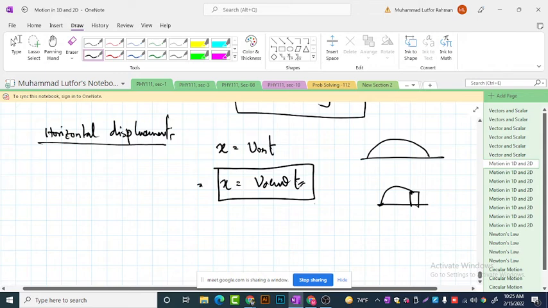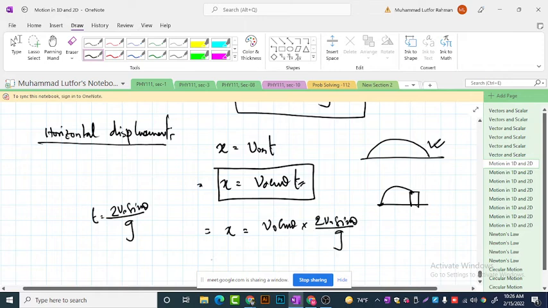For the ideal situation, the time of flight is t equals 2 v naught sine theta divided by g, which is double the time to the top. Then you write v naught cos theta into 2 v naught sine theta divided by g.